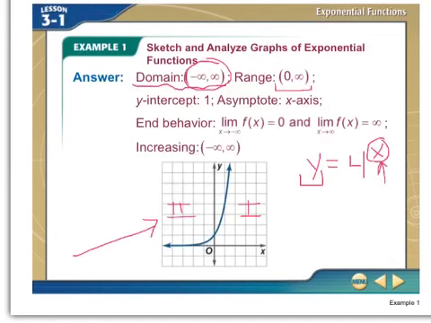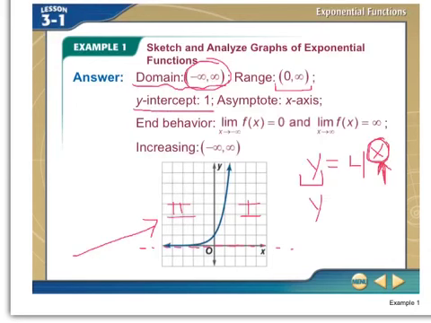You can see that our horizontal asymptote on the graph approaches 0 but never actually equals 0. There is no value I can plug in for x and get an output, or a y value, of 0. Our y-intercept is found by plugging in 0 for x.